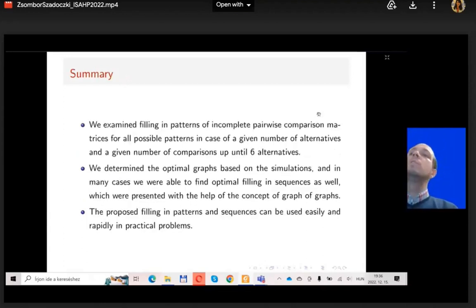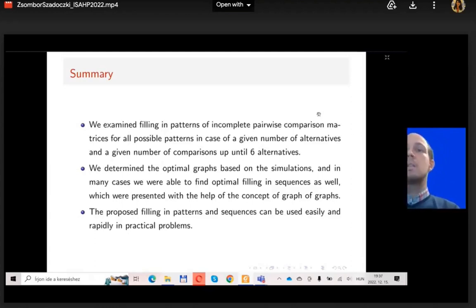So we examined filling in patterns of incomplete pairwise comparison matrices up until 6 alternatives. We determined from all the possible patterns the optimal graphs with simulations, and we were also able to find optimal filling in sequences, and we used the graph of graphs concept to visualize those.